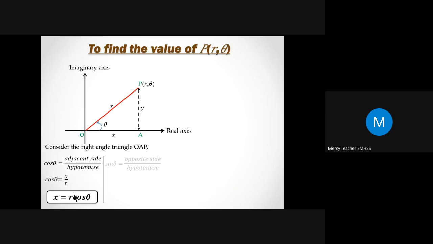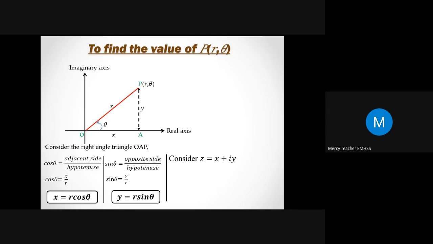Then we need to find y. For this, we are taking sine theta. Sine theta is equal to opposite side divided by hypotenuse, and opposite is y, hypotenuse is r. So sine theta is equal to y by r, and you will have y is equal to r sine theta.